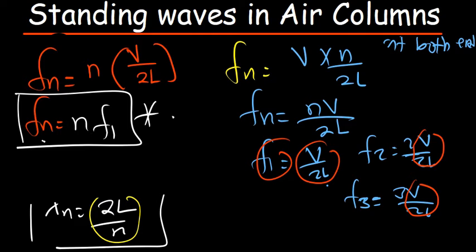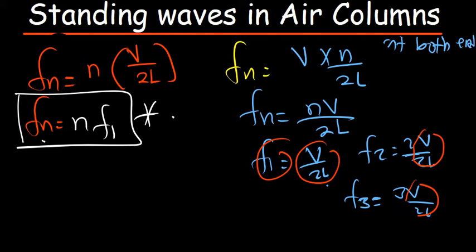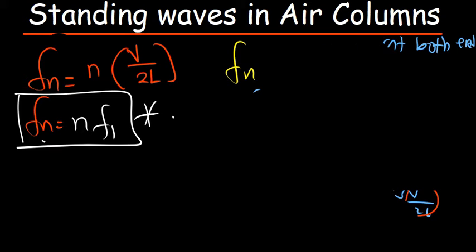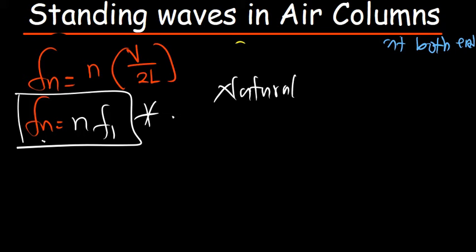So now, in this case, when the pipe is open at both ends, we are following the natural numbers. So you always have what we call the natural frequency. What do I mean? n is equal to the natural numbers.